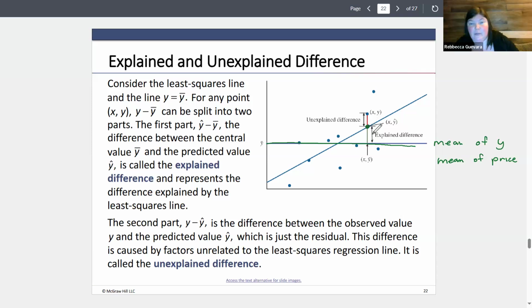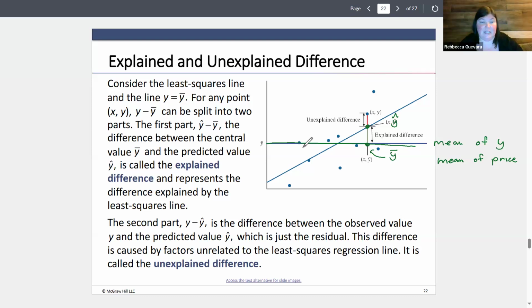Right here is my y, where my y hat is going to be. This is my y bar here. So this is what we can explain from the data. It represents the difference explained by the least squares regression line.